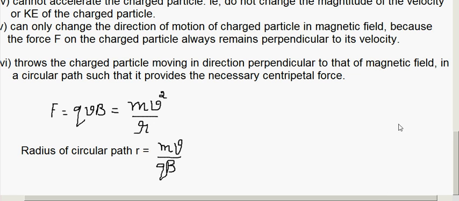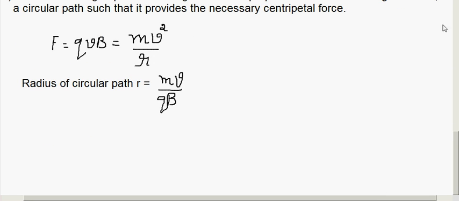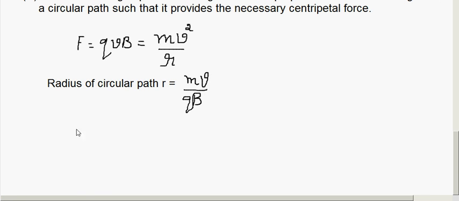Now if the angle between V and B is equal to theta, then what will happen? The last point, I think it is the 7th one.